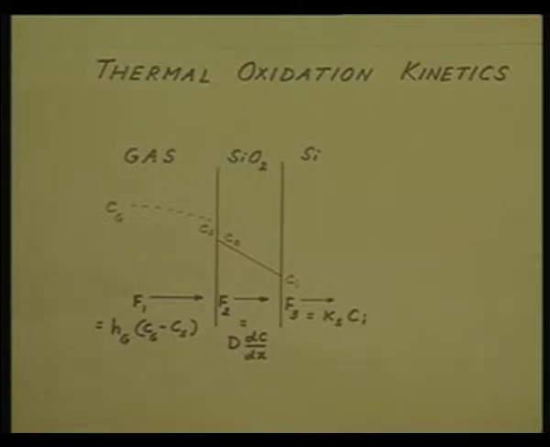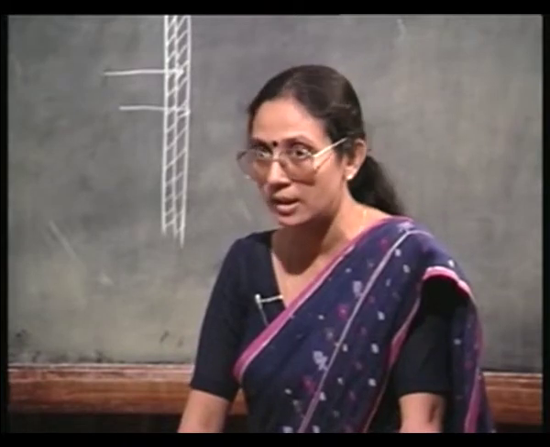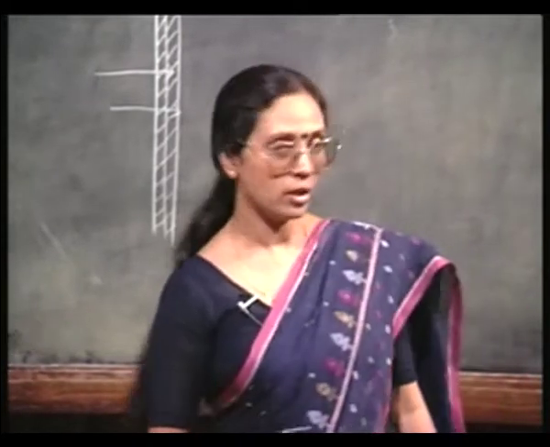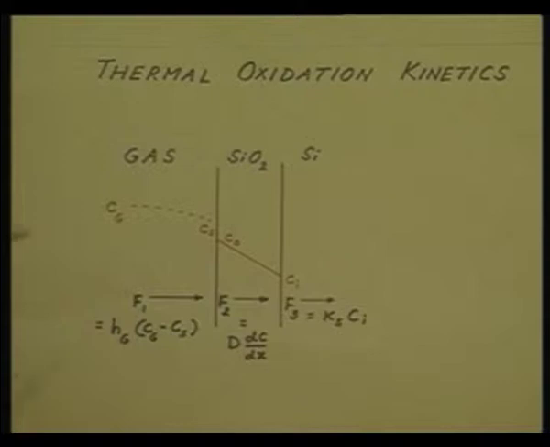Initially you may say that the oxide layer is not there, it is 0, but as the oxidation process proceeds, you have an oxide layer on silicon. Further oxidation proceeds in the presence of this already grown oxide layer. That is why, in order to maintain generality, I have taken silicon, then silicon dioxide, and then the gas surrounding it.